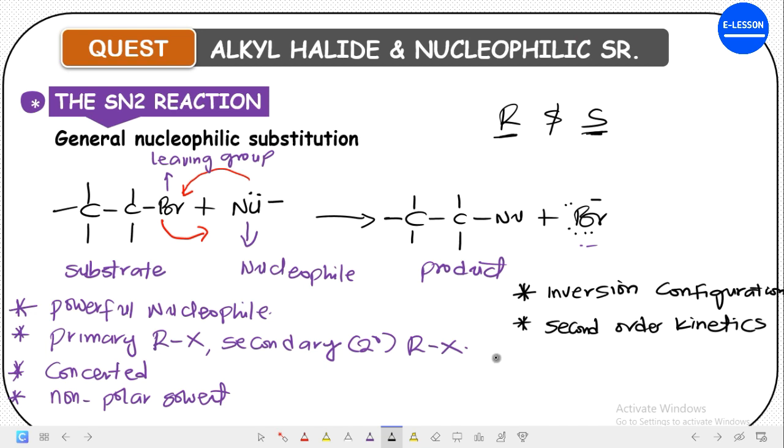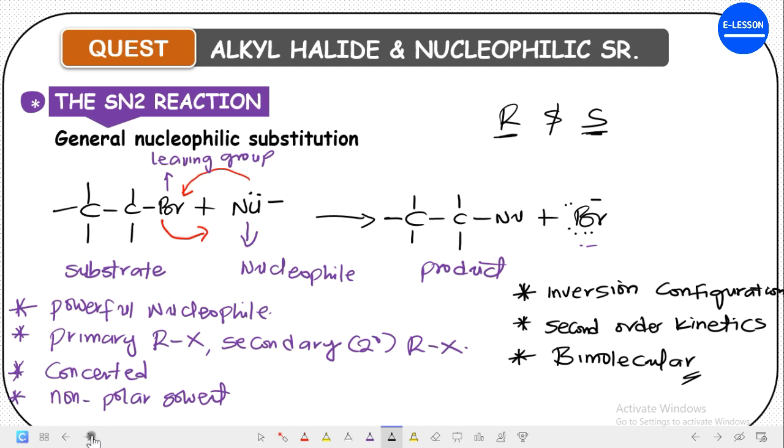And then finally, the molecularity is bimolecular. That means the substrate and nucleophile are involved in the rate determining step. So it's a bimolecular reaction. I believe these are some of the things that you must look out for when talking about the SN2 reaction. And in SN2, there's no formation of any form of reaction intermediate.